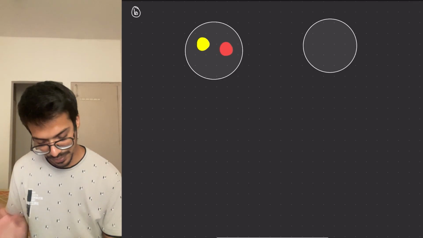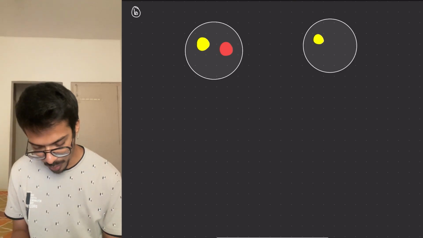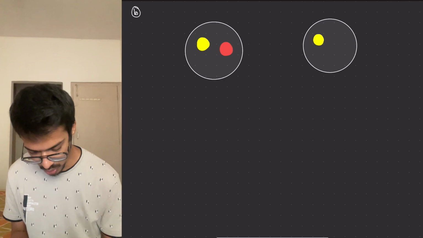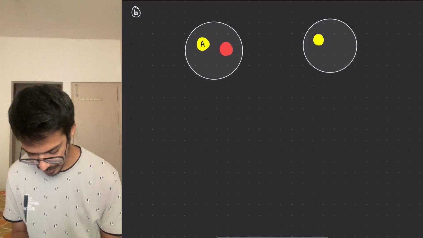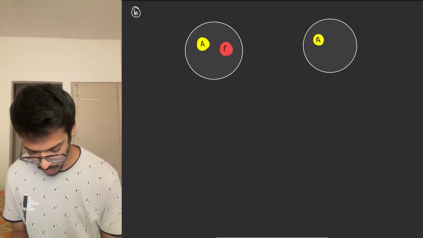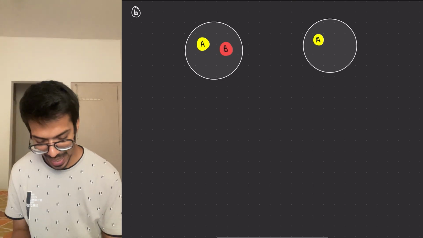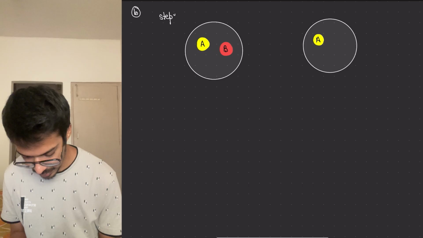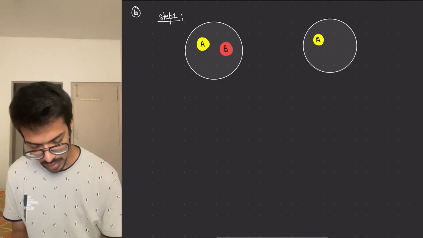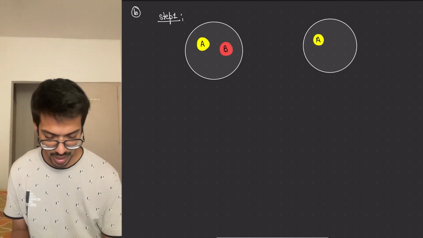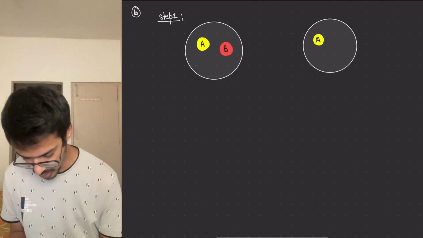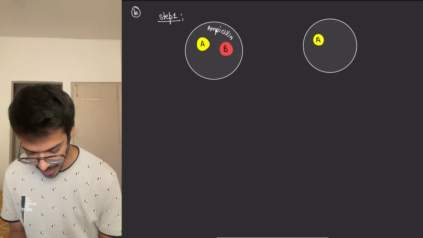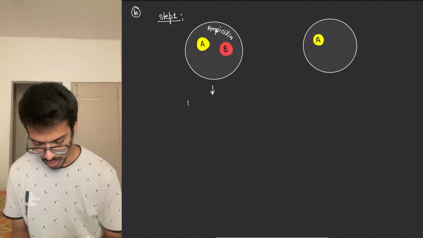We put them into two different media, and this is what the growth looks like: A colony, B colony. So first, step one, I put them on ampicillin. In ampicillin, both are growing, both survive.